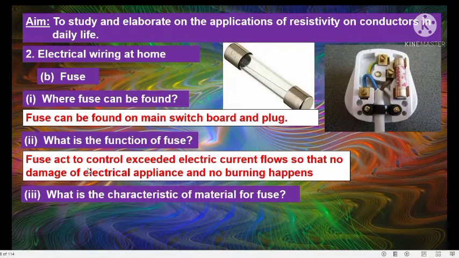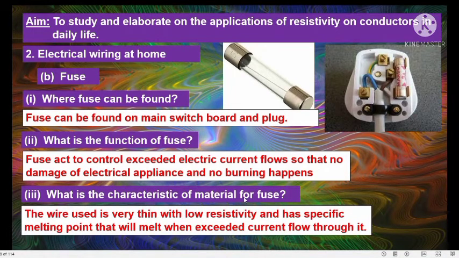Meaning if current is overloaded, the fuse will melt. Thus, the characteristic of material for fuse is very thin with low resistivity and has a specific melting point that will melt when excess current flows through it. So once the fuse melts, it will block the current flowing to the electrical appliance.